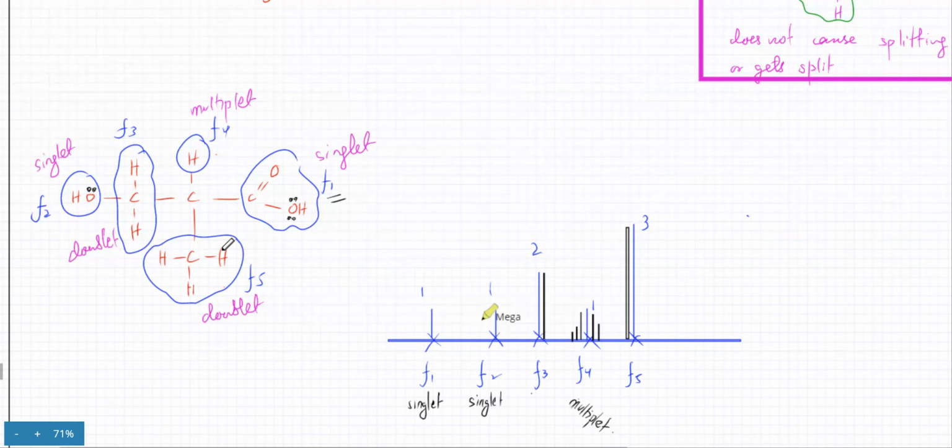It's only going to have one chemical environment. All of the CH3s are exactly the same. They have exactly the same chemical environment. So that's a TMS molecule, that's your solvent. And it only has one chemical environment. So there's going to be a singlet peak with a very strong absorption.